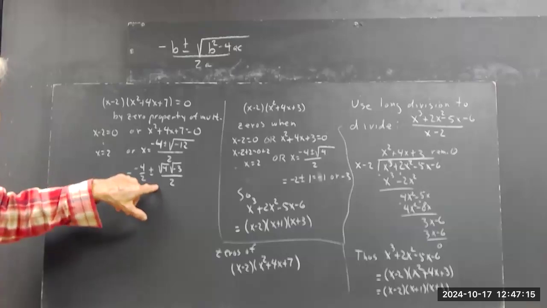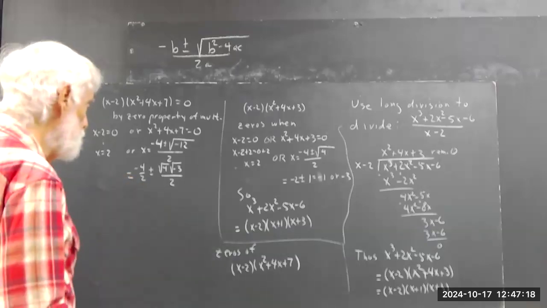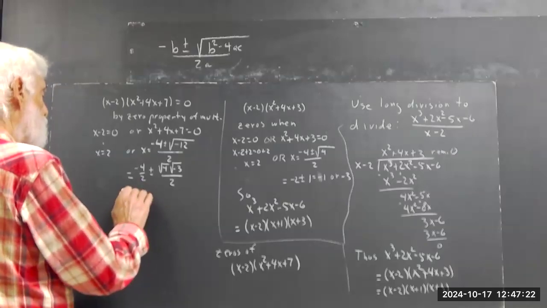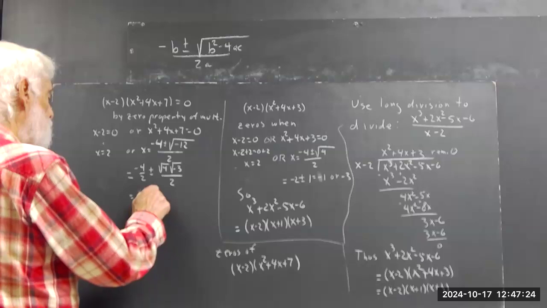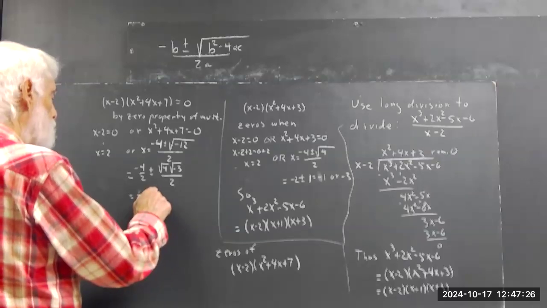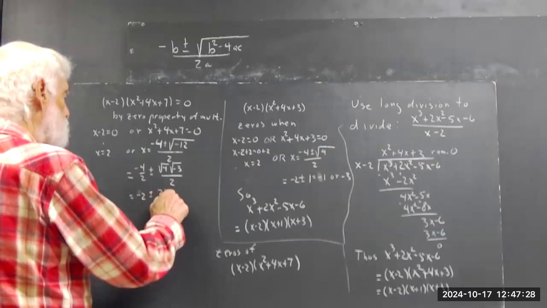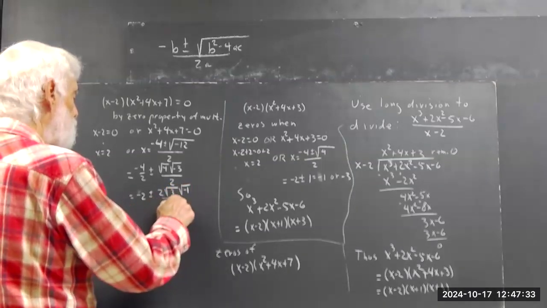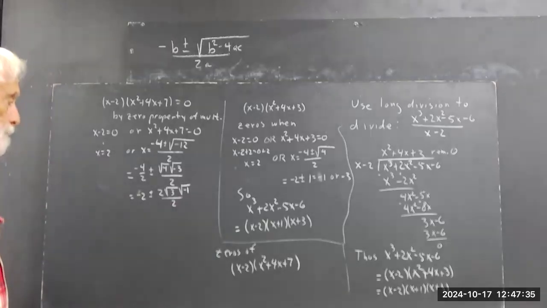So we have this, but I'm going to write this just a little differently. This is -2 plus or minus 2 times the square root of 3 times the square root of -1, all divided by 2.